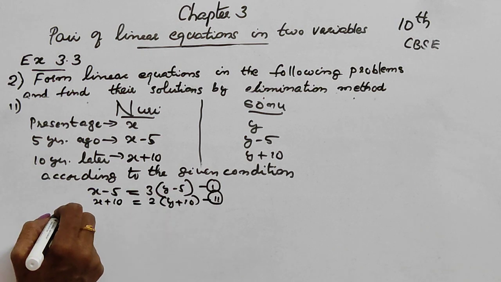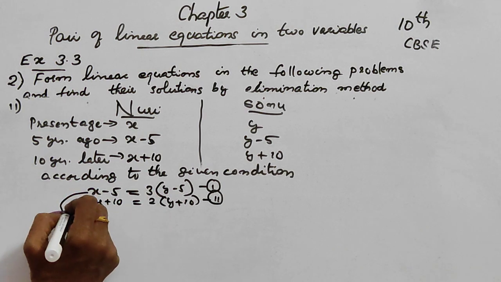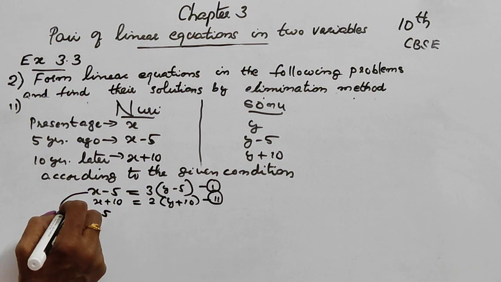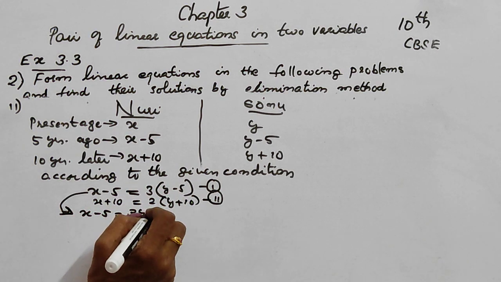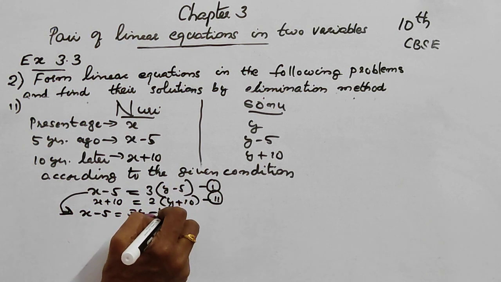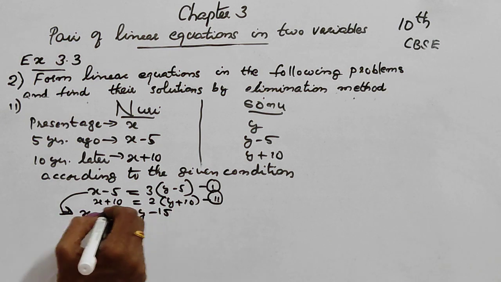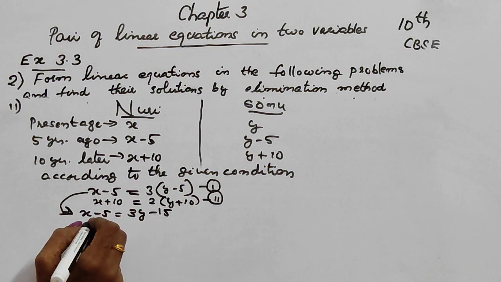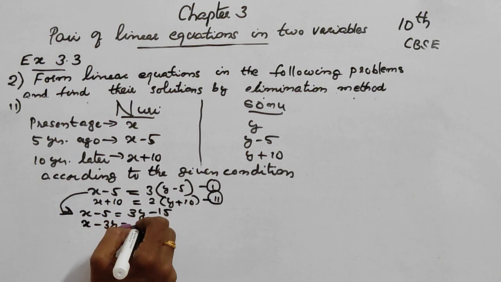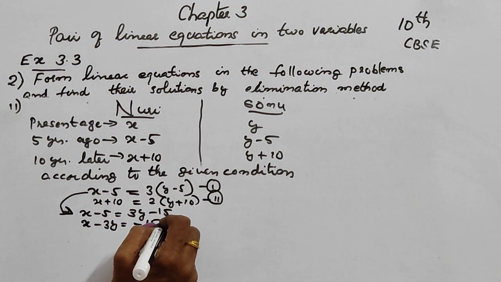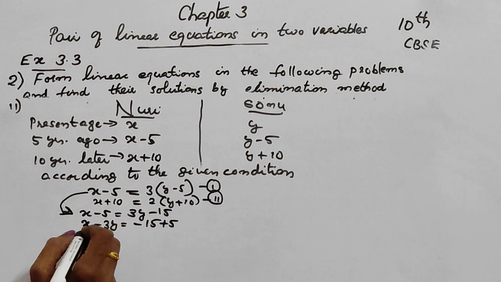Simplifying, opening the bracket, first it becomes x minus 5 equals 3 into y, 3y, 3 into minus 5, minus 15. Bring 3y to this side and minus 5 to the other side. Their sign changes. x minus 3y equals minus 15, minus 5 becomes plus 5.